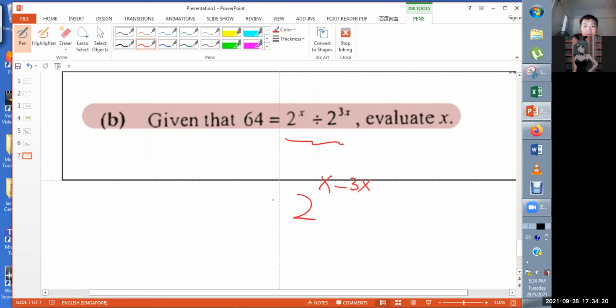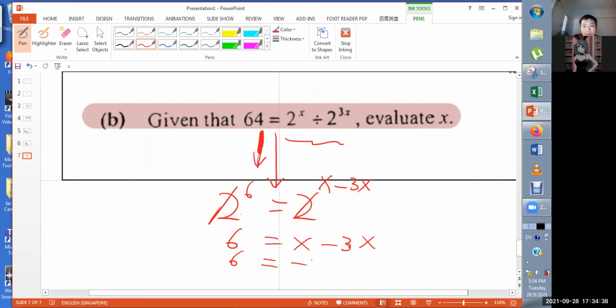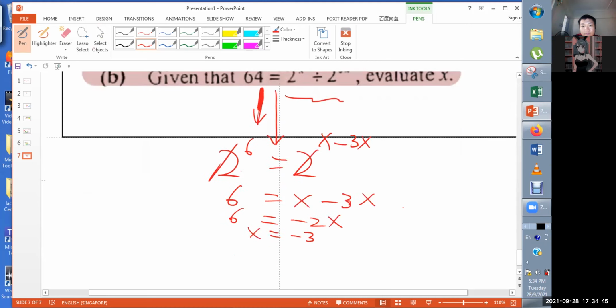And then over here, the 64, equal sign is equal sign. 64 is 2 to the power of 6, right? So can you see we have the 2 here, so we can cancel. Then you end up with 6 equal to x minus 3x. And then of course, you continue minus 2x. So therefore, x equals to -3. Does it make sense? Okay, so that's how you get the answer.